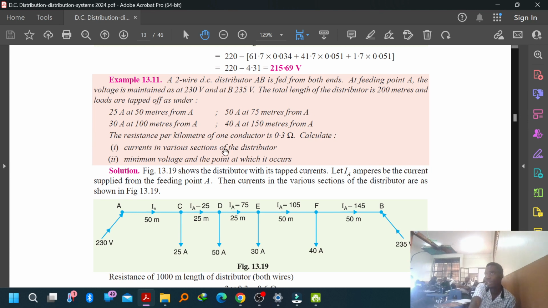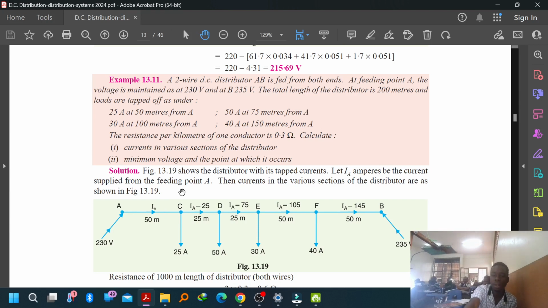So they want us to calculate the current in each section, the minimum voltage, and the point at which it occurs. So step number one, coming up with our diagram, is done. Now let us go to step number two, finding the resistances of each section.